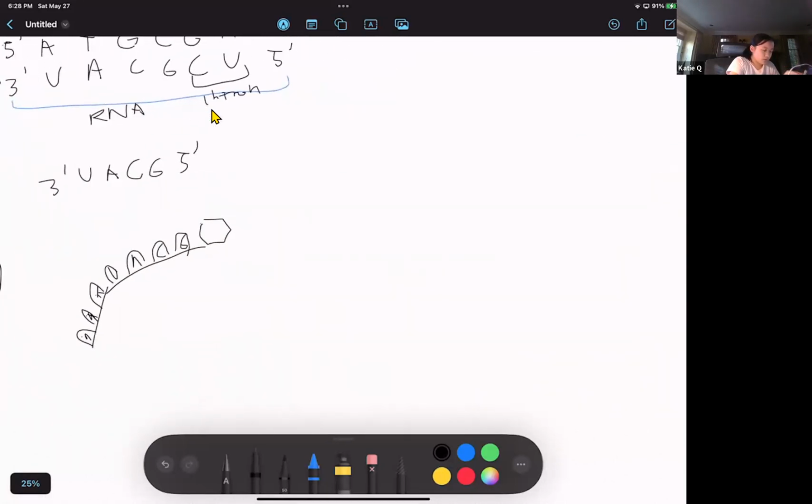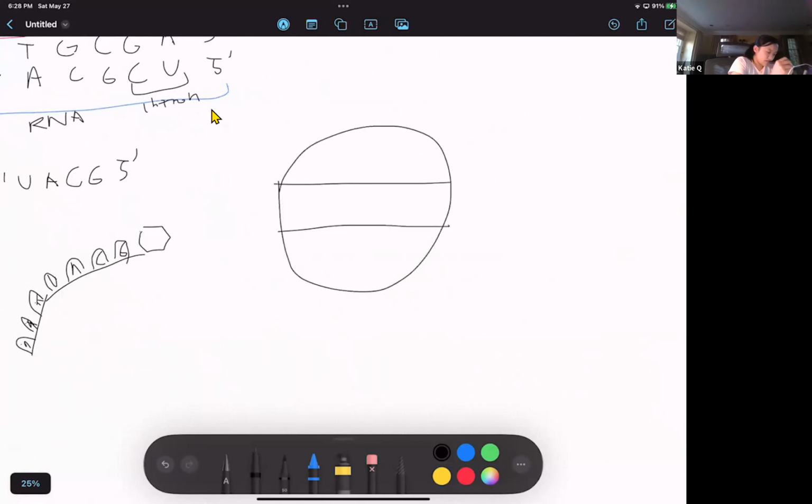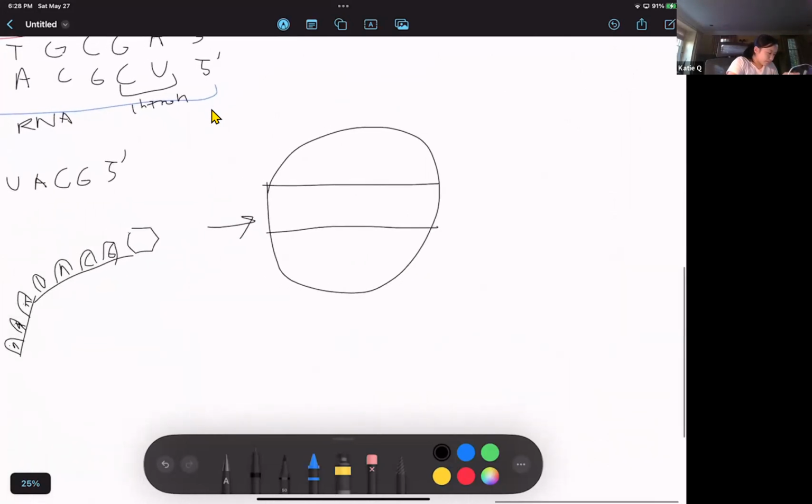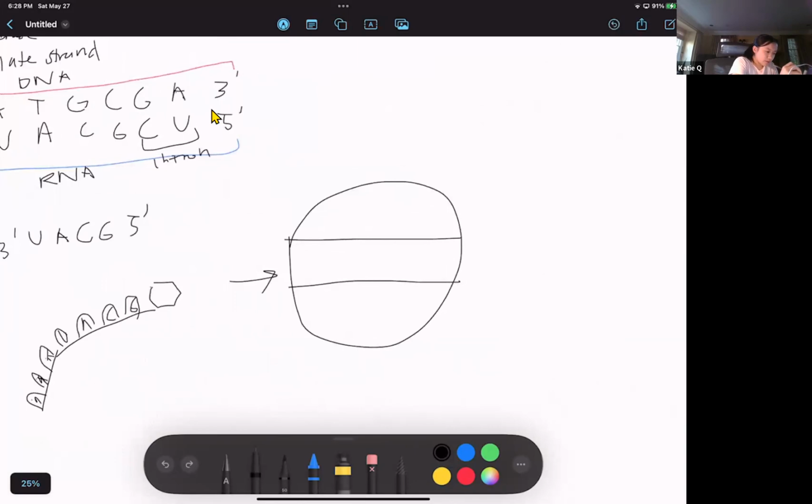So now it's going to start translation in a ribosome. Kind of like this, the ribosome. It's going to be fed through here, and while it's being read, there are going to be tRNA, transfer RNA, bringing amino acids to be connected with each other to form the protein, the polymer.